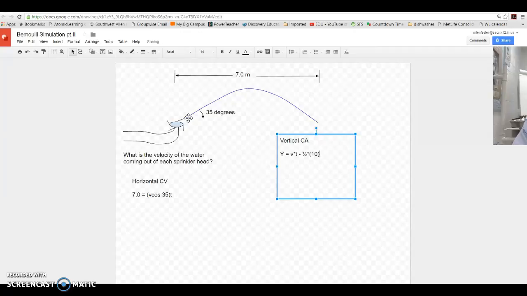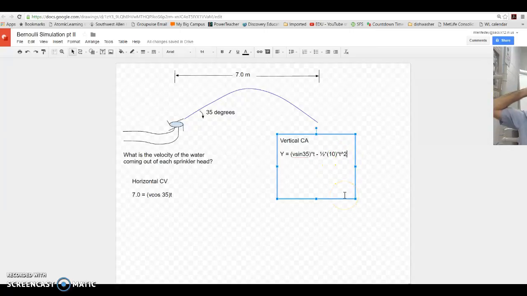You can use 9.8 if you want, times the time squared. Okay, now we're not done with this. Just like with the horizontal velocity, we have a component. Not all the velocity is vertical, only a component. So really this velocity is going to be v sine of 35 degrees times t.